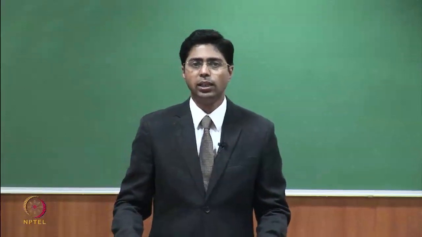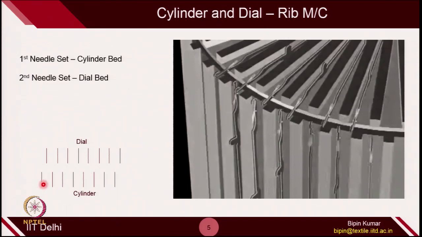The cylinder needles, the vertical bars representing the needles, are laterally shifted from the dial needles, so that when the dial needles reciprocate they move in between cylinder needles, and similarly the cylinder needles reciprocate in between dial needles. This is how they are placed on the needle bed.